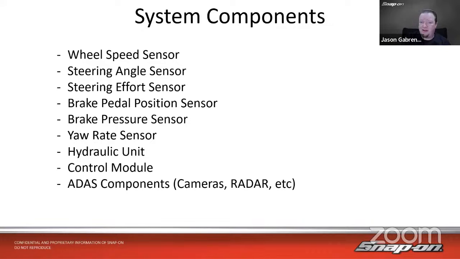There's torque sensors on a lot of cars nowadays that show how much effort the driver's putting in. Brake pedal position sensor, not just a stoplight switch anymore. It's a brake pedal position sensor. Brake pressure sensor to tell what the pressure of the fluid is. Yaw rate sensor, hydraulic unit, pump, control module, and other ADAS components, right? Like we said, they can feed that as well.